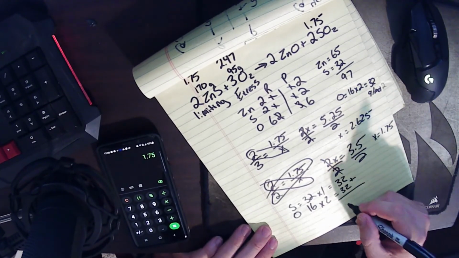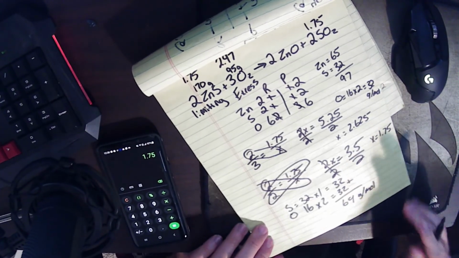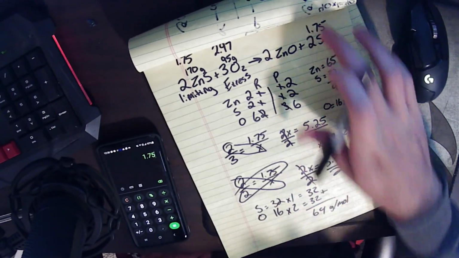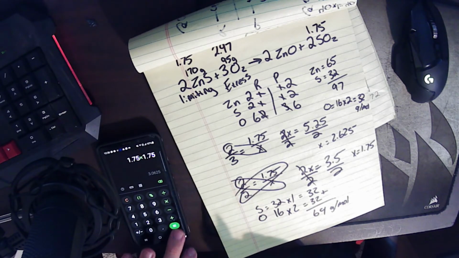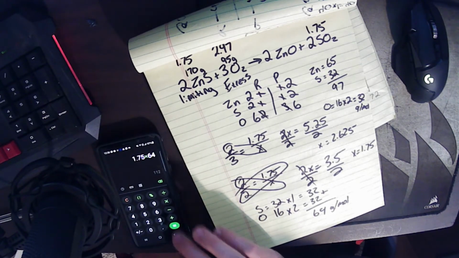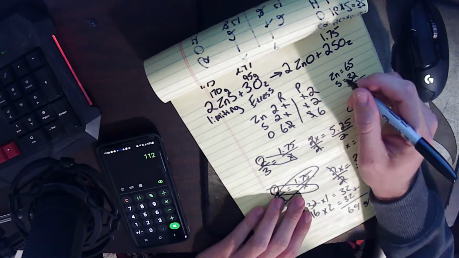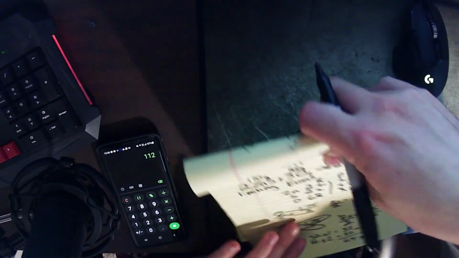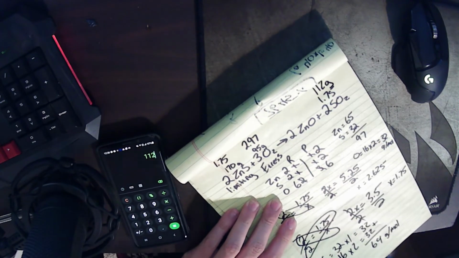So if we add those together, we get a total of 64 grams per mole. And we're going to multiply that by the 1.75. And it comes out with a theoretical yield of 112 grams.